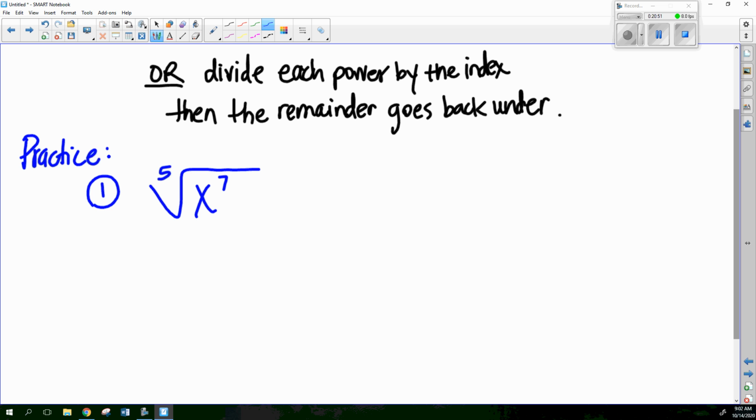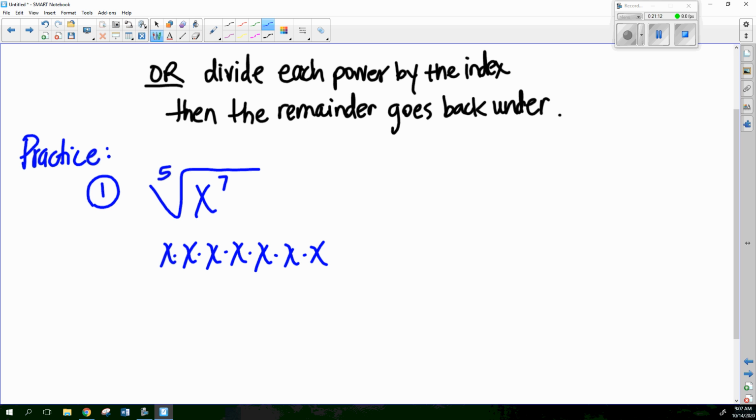Well, I'm talking about writing out the radicand, the stuff underneath. Well, x to the 7th, if I were to break it down into its prime factors, would come from x times x times x times x times x. 1, 2, 3. All right, x times itself 7 times.